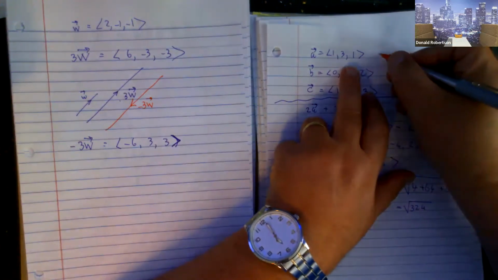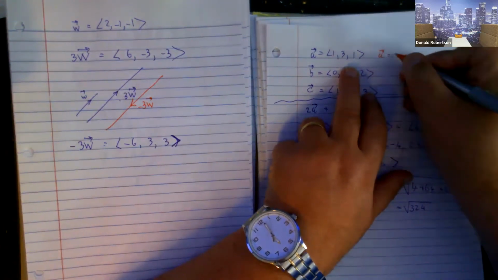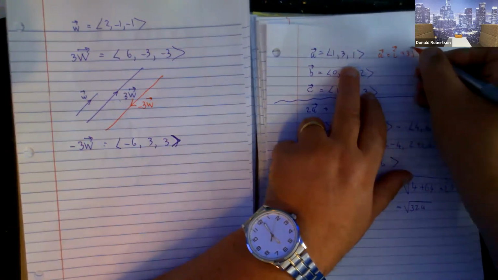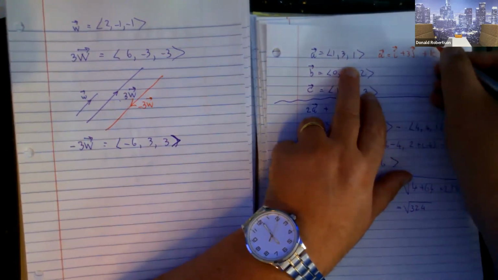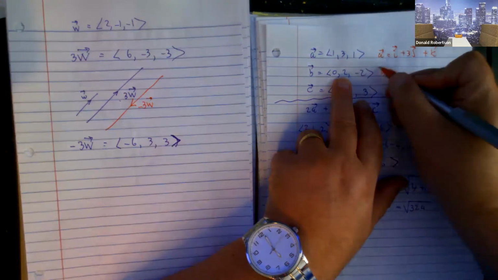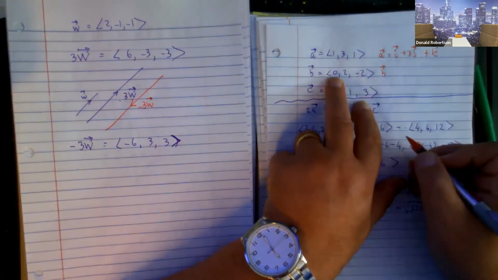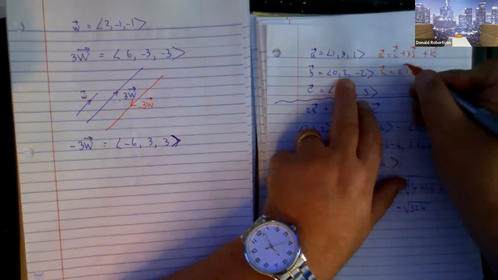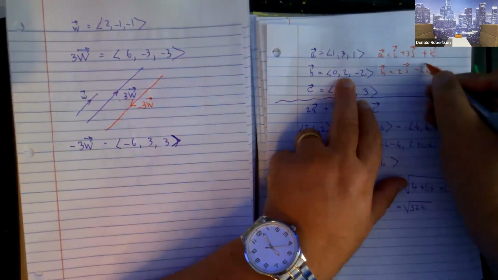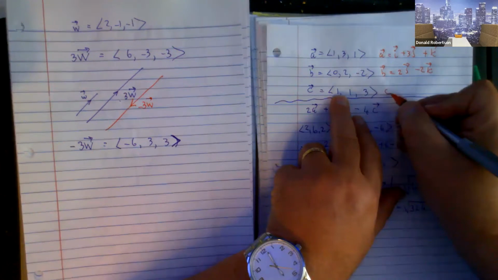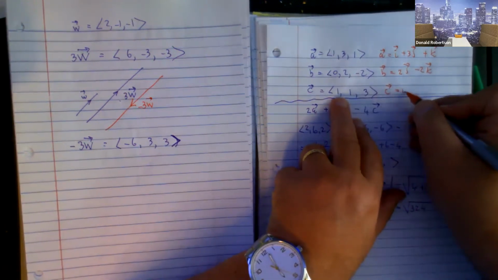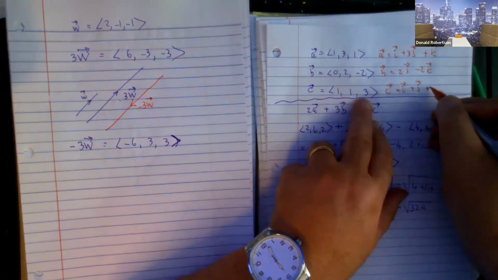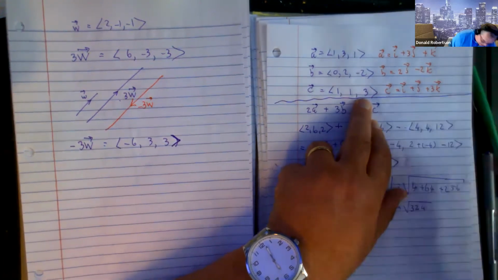A will be called 1i plus 3j plus 1k. And B will be 0i, so you don't write anything down. You just say 2j, take away 2k. And C will be 1i plus 1j, add 3k.